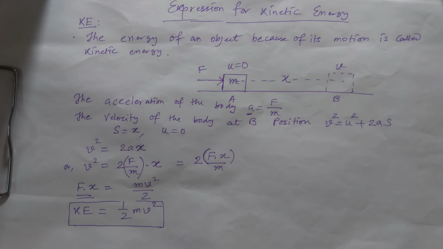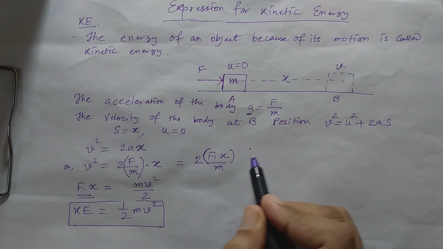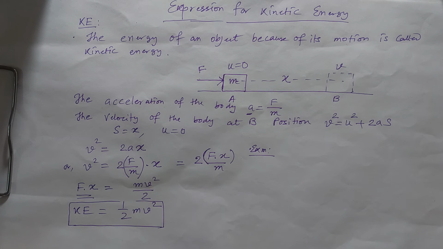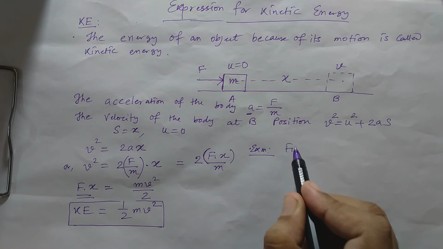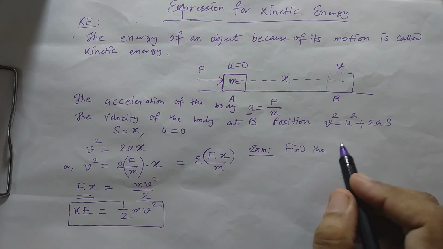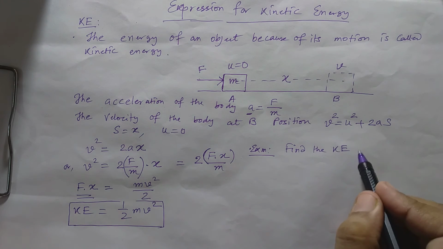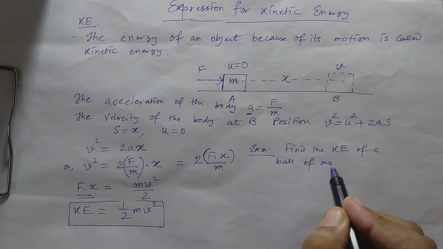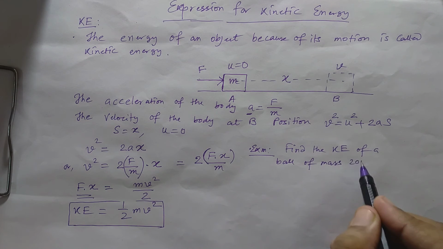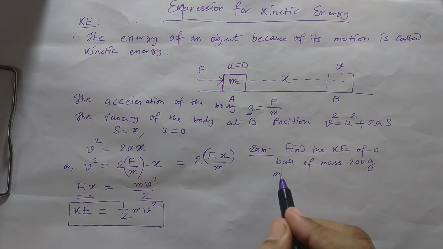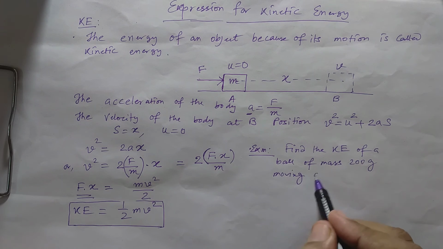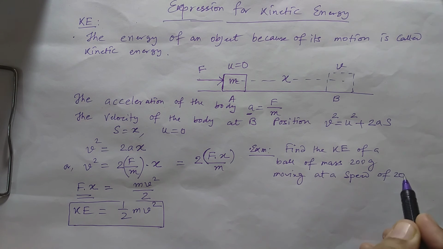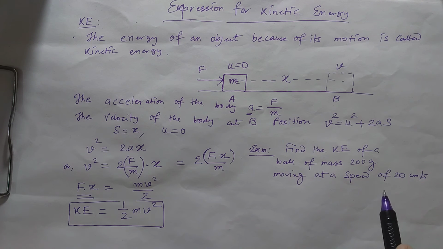Now I'll give you one small numerical which is there in the book. Find the kinetic energy of a ball of mass 200 gram moving at a speed of 20 centimeter per second.